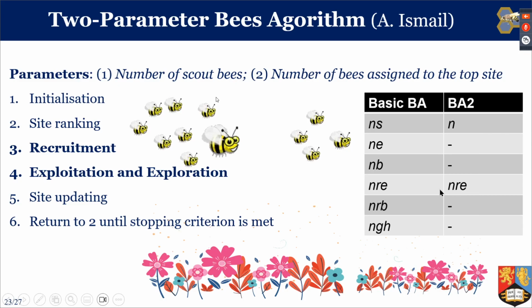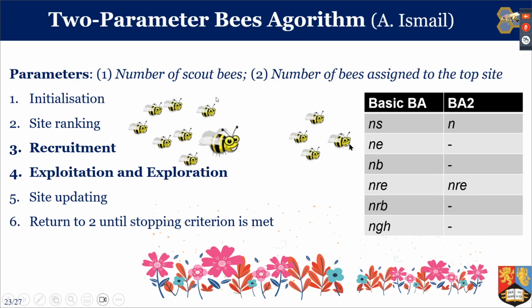So this is the number of bees allocated to the best scout. In this case, the best scout is this one. We allocate 7 bees to it, and 7 is our choice. So that's the only 2 choices that we have to make: one is the number of scouts, 2, and the number of bees allocated to the best scout.